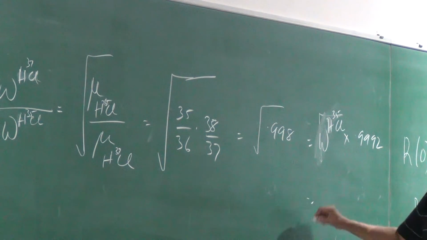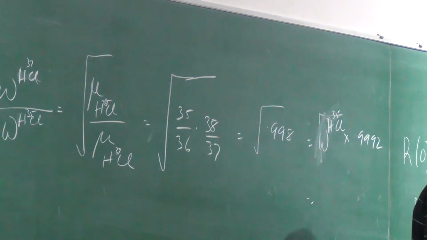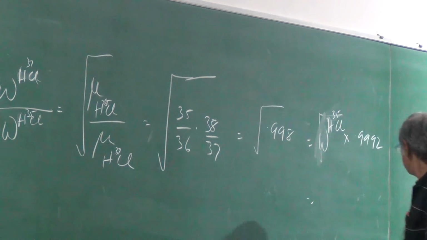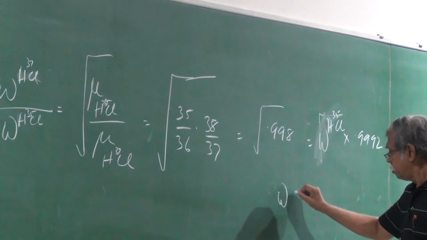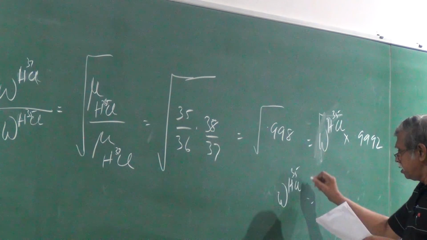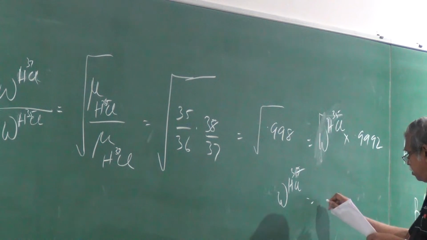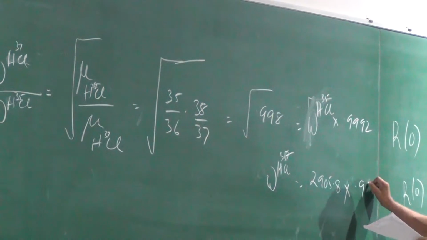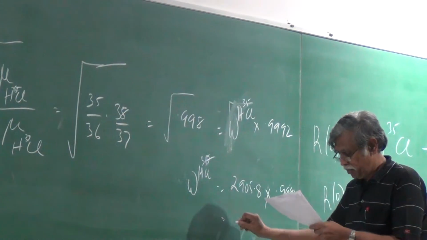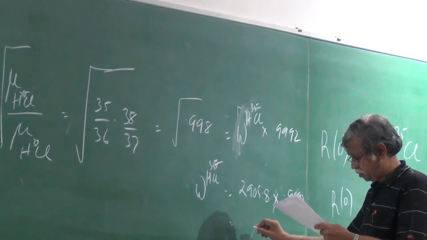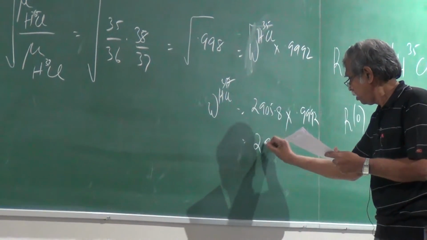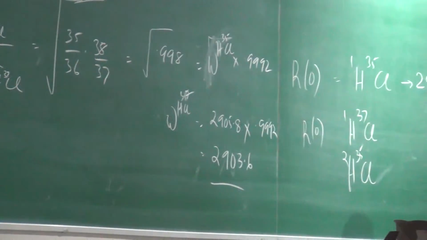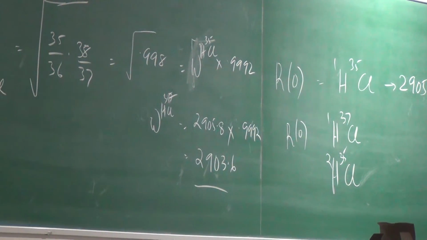So therefore, if you go back and calculate, if you assume that 2905 is the frequency for HCl 35, then the HCl 37 is actually going to be omega, 2905.8 into 0.9992, and that will be 2903.6. And what is the difference between the two frequencies, between the HCl 35 frequency and the HCl 37 frequency?